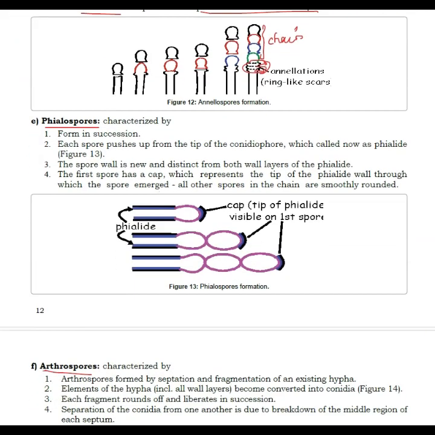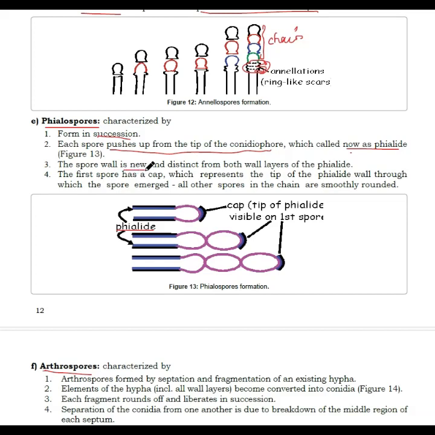Next is phialospores. Here again the spores are formed in succession, and each spore pushes up the tip of the conidiophore, which is now called a phialide.